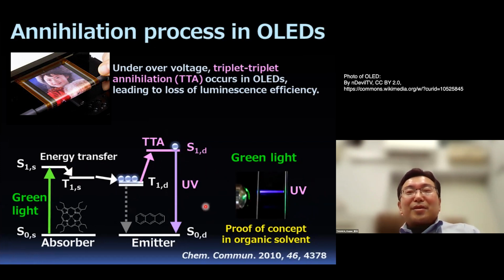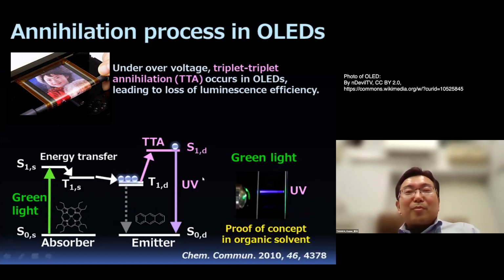And it is a demonstration by adding some molecules with some concentration, and irradiating the green light with a laser pointer. We can observe some purple light, including UV light. So it is a proof of concept of this scheme.